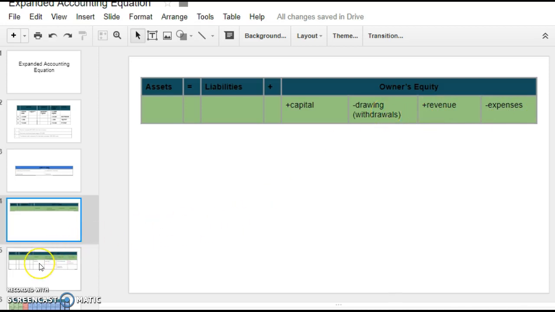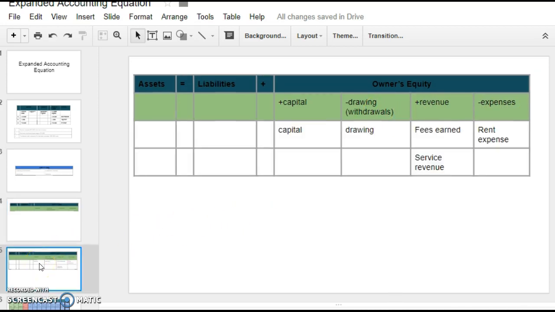So what I want to take a look at is some account names that actually go under here. Your capital is your capital, and your drawing, the money you take out for personal use, is your drawing account. Then we've got revenue accounts, and you could have lots of different revenue accounts.